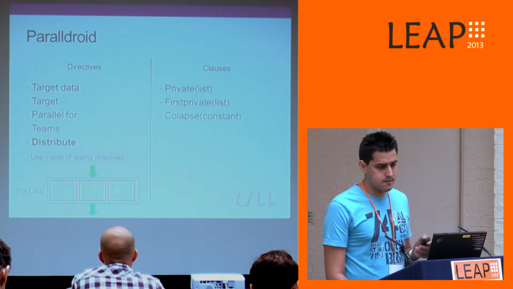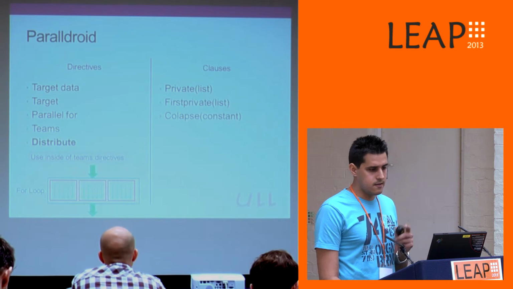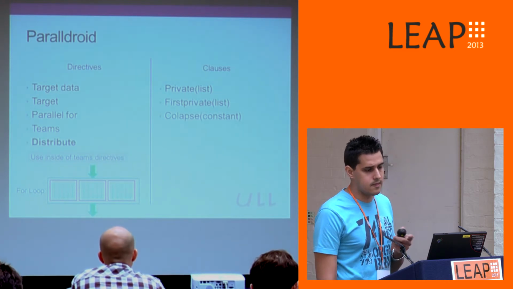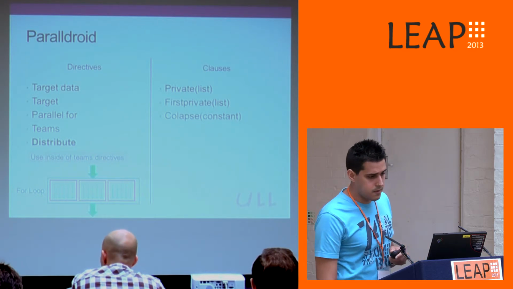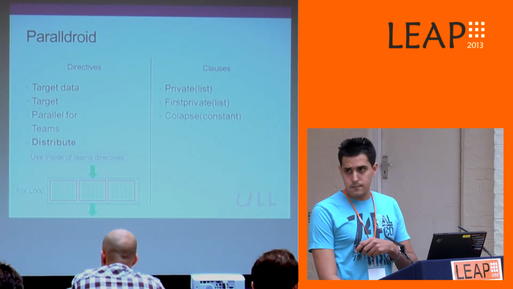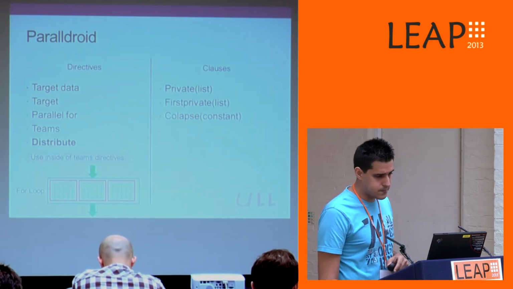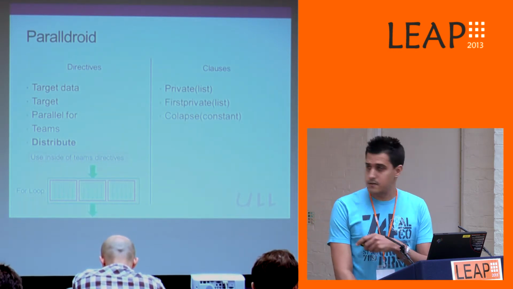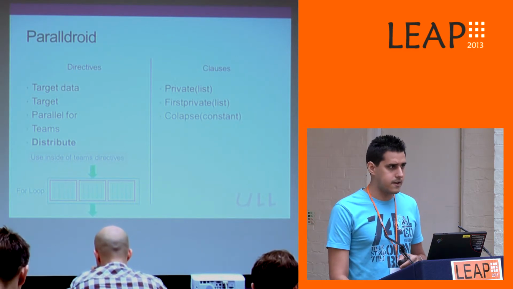This directive is similar to parallel for, but in this case, it distributes the load of the for loop between all teams available on the accelerator. And the clauses are similar to the parallel for case.